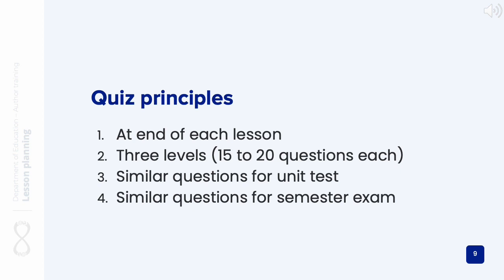At the end of a unit, create a unit quiz. You can use similar but not exactly the same questions as in the lesson quizzes. The students have to pass the unit test to be able to do their assignments. Also create a question bank from quizzes for the semester exam. This exam will be an oral test, so make sure that instead of multiple choice, you create an answer key with explanations.